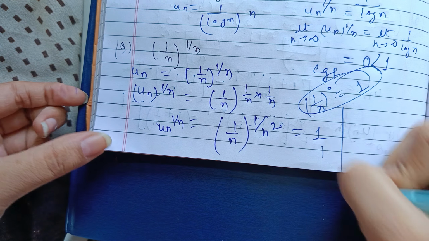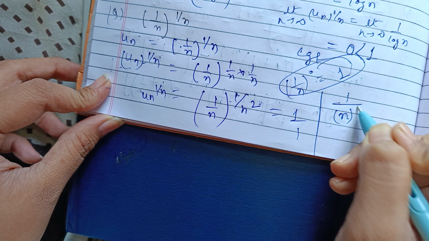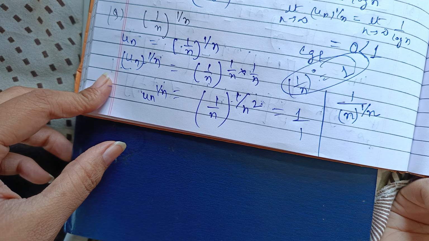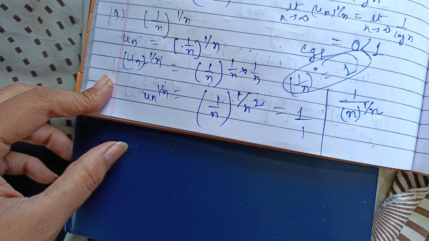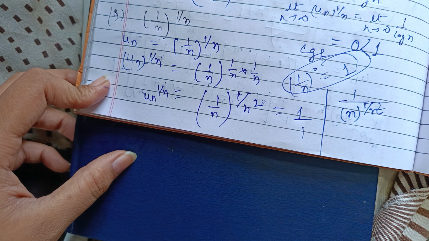So actually this is 1 upon n to the power n to the power 1 upon n square.